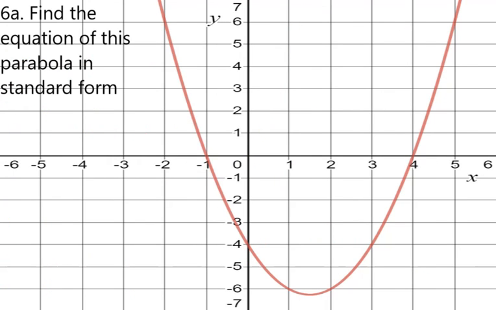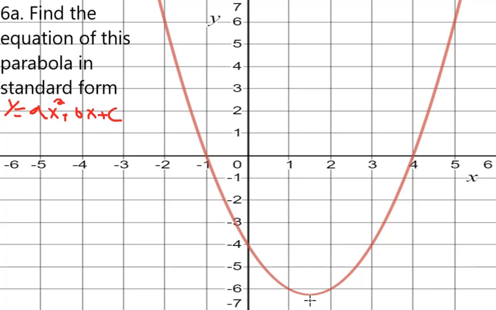Alright, now for 6a, we want to find the equation of this parabola in standard form. Let's just take a moment to remember standard form. The standard form of a parabola is y equals a times x squared plus bx plus c. The way I'm going to find that is by finding the equation of this parabola in another form first, either intercept or vertex, and then converting it into standard form.